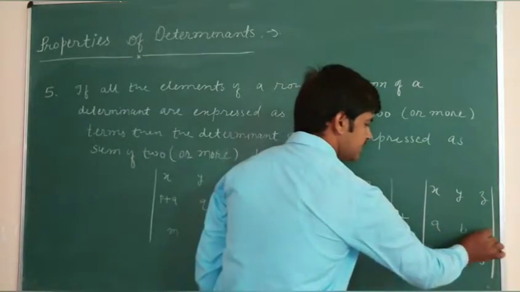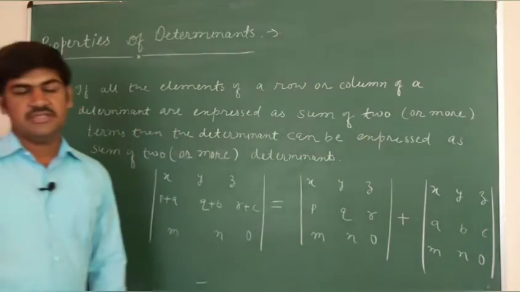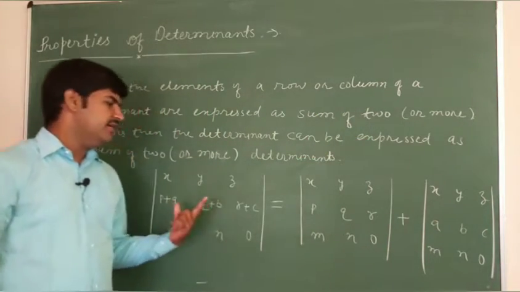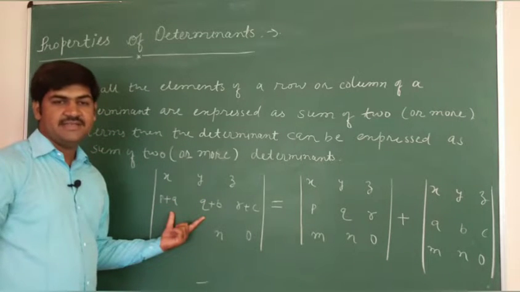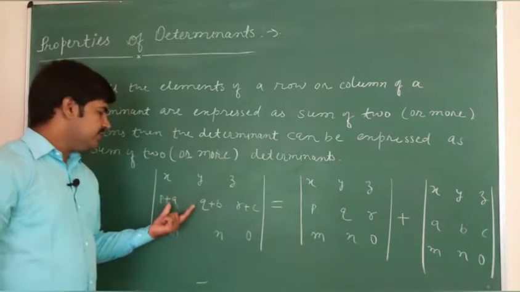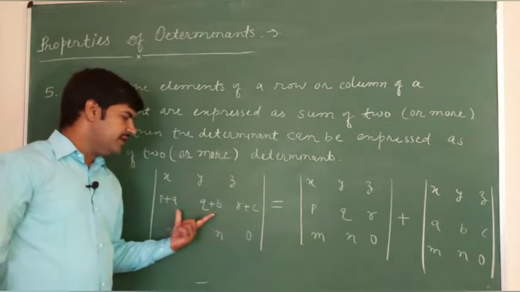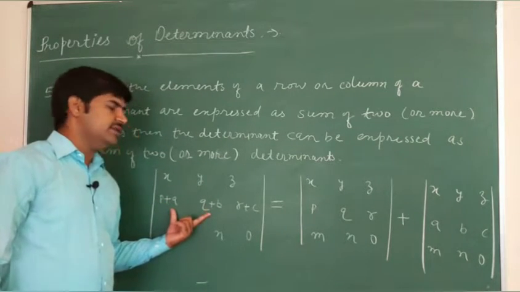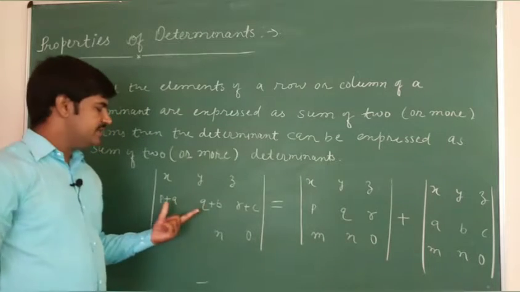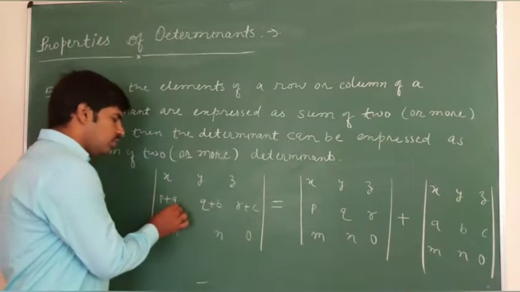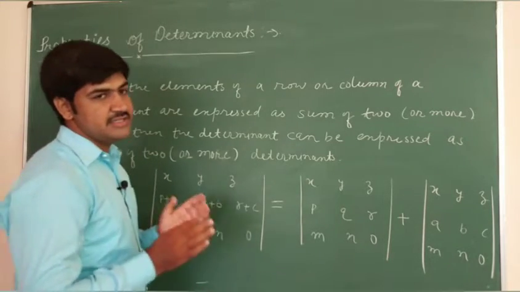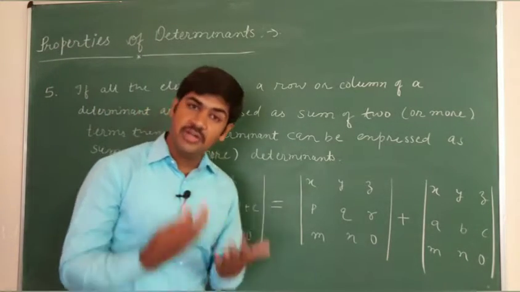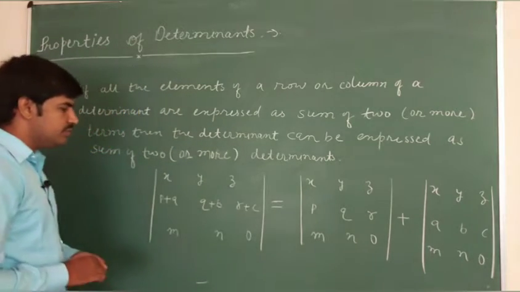This is how, if any row or any column of a determinant is expressed as sum of 2 or more than 2 terms, then the determinant can be expressed as sum of 2 or more than 2 determinants. I am sure you have understood.